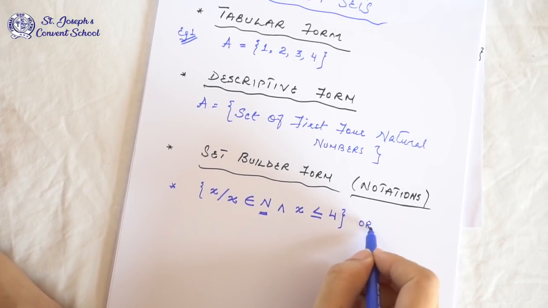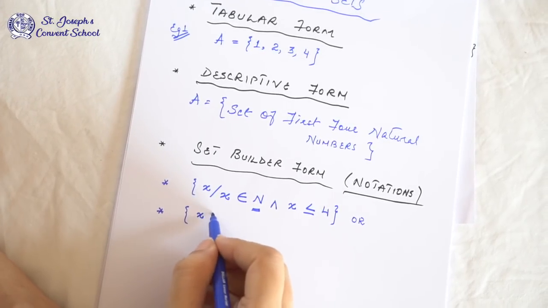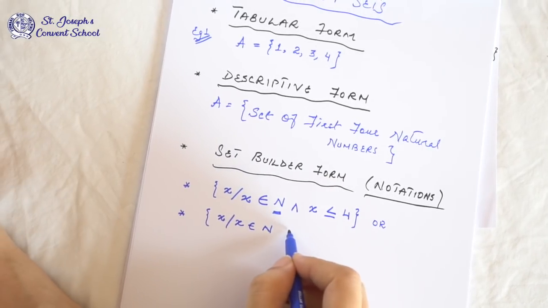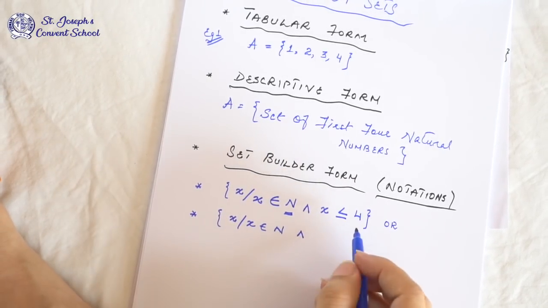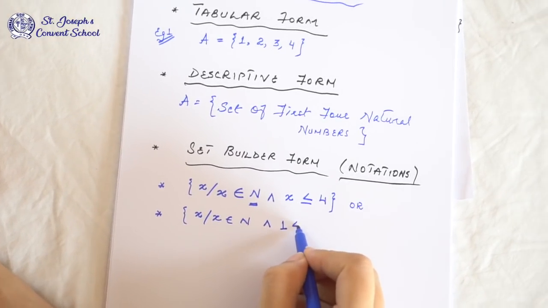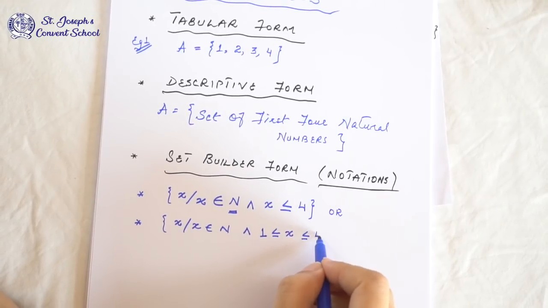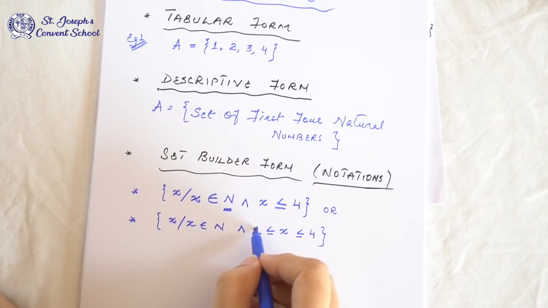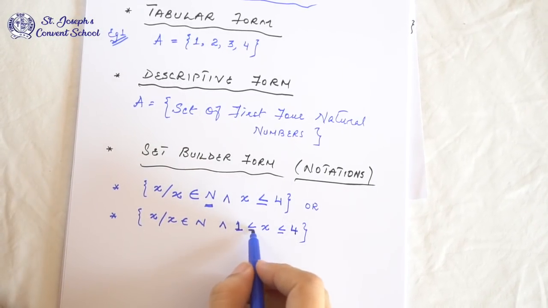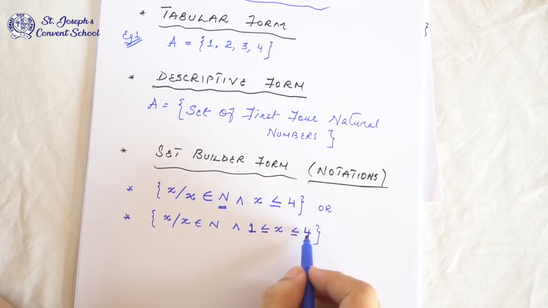Or the same set you can write this way also: x such that x belongs to natural numbers, which remains the same, and you can write the numbers this way also: 1 is less than or equal to x, less than or equal to 4. So numbers are from 1 till 4. This equals sign means 1 is included, this equals sign means 4 is included.